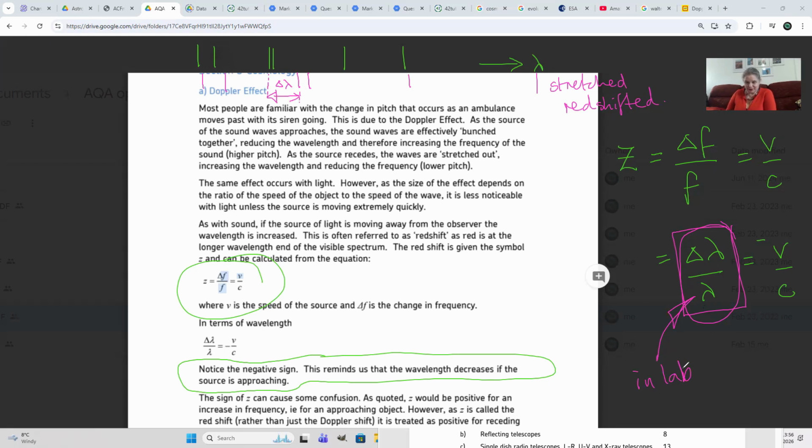That's the wavelength in the lab, and it's that fraction that gives you the speed, in this case of recession, divided by the speed of light. So that's the redshift thing. It's a fraction, so the bigger the wavelength, the bigger the shift. That's worth mentioning.